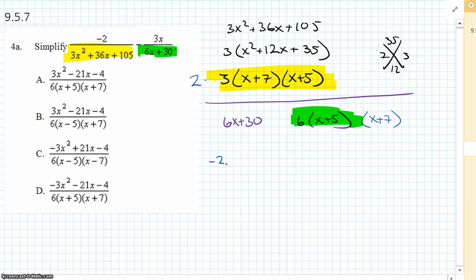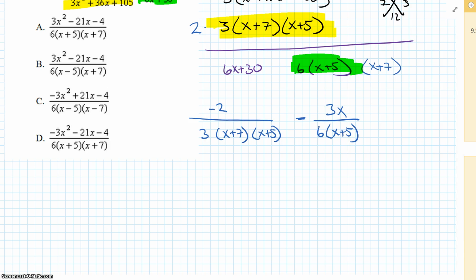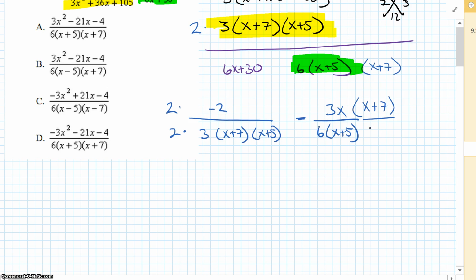Okay, so let's look. So I have negative 2 over 3 times x plus 7 times x plus 5 minus 3x over 6 times x plus 5. We need to multiply the left side by 2. And we need to multiply the right side by x plus 7. Okay, so let's look. Times everything by 2.